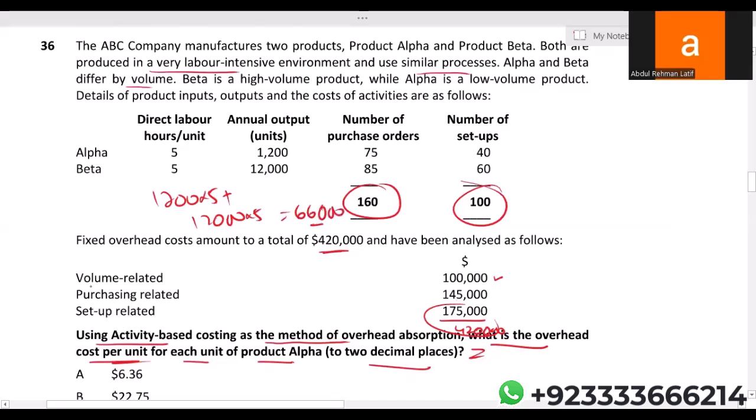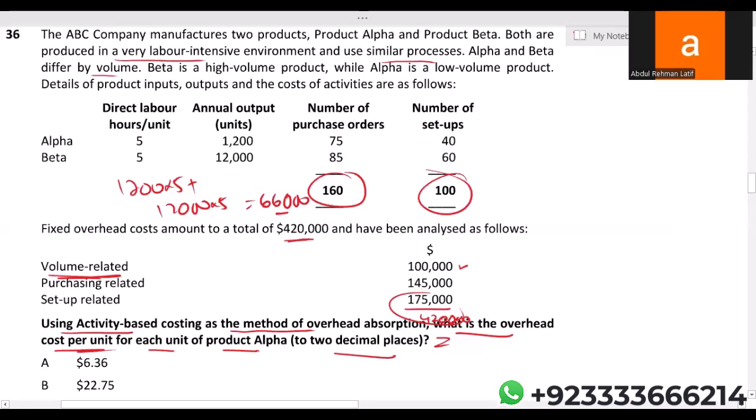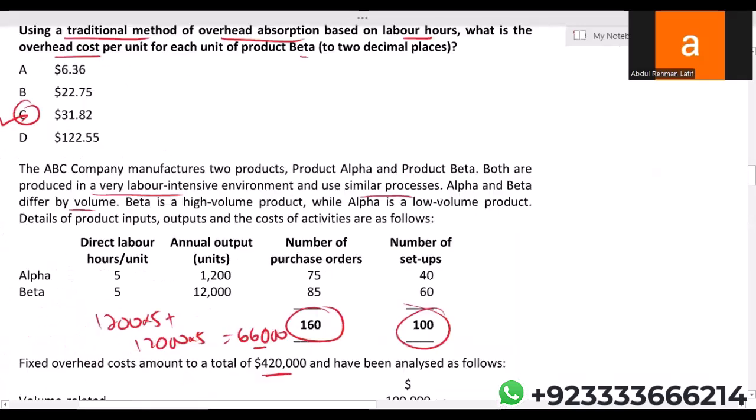Labor hours will be used for the volume related overhead. First we will allocate the volume related overheads to alpha and beta, then similarly purchase related overheads, how much belongs to alpha and how much to beta, and setup also. Let's try the same approach as we did previously.